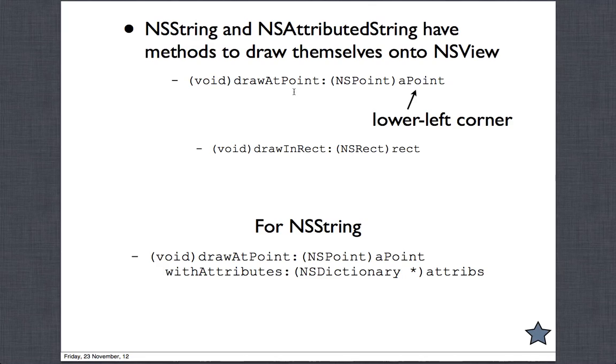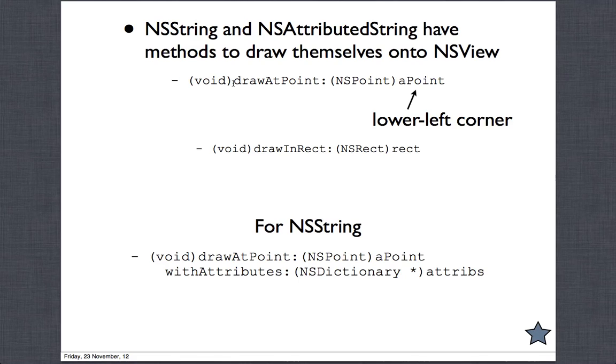And as you know, NSView is so generic, all those things like a button, like the view we created last time, our custom view, are all children of NSView. That means you can draw an NSString or NSAttributedString onto almost any object on your screen.